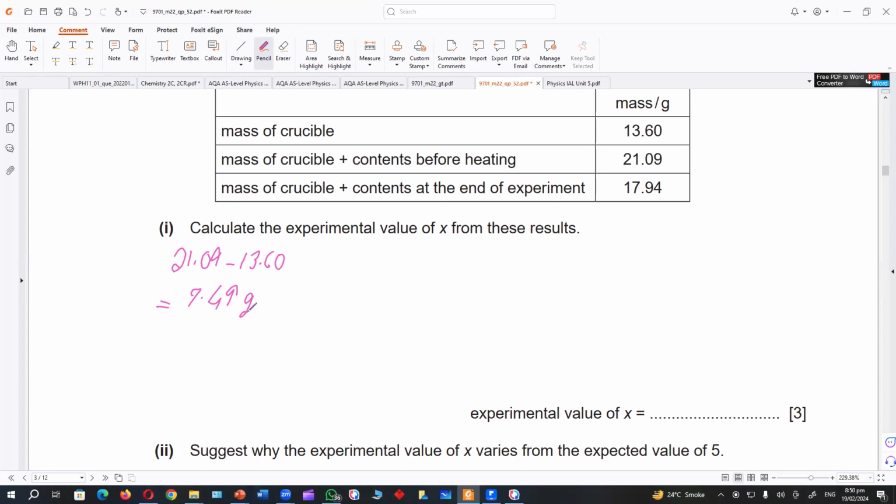I think it is the total mass of copper sulfate with water. What do you think? I think this is the mass of copper sulfate with water.